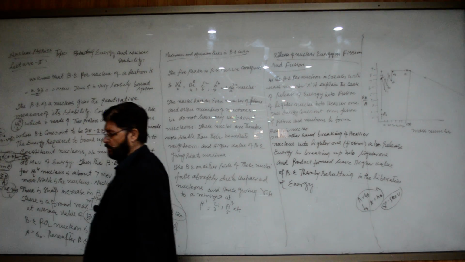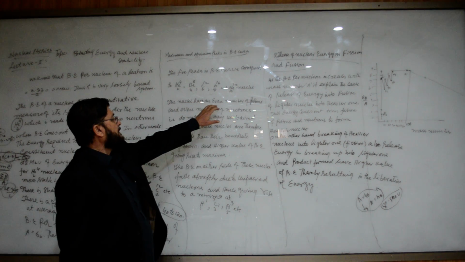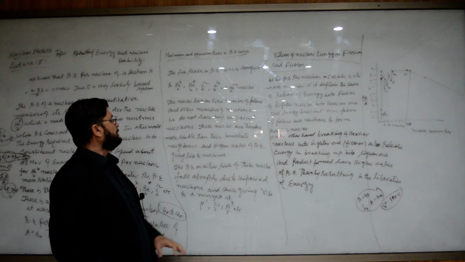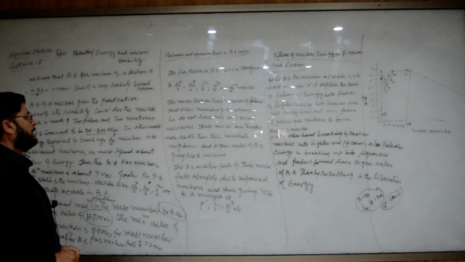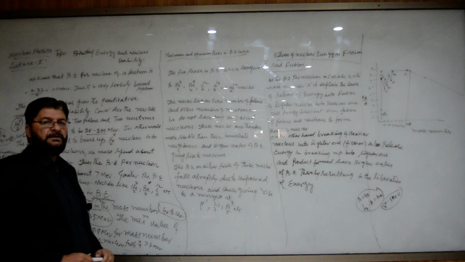What does it show? This shows that the nuclei having an even number of protons and an even number of neutrons do not have any unpaired nucleons.